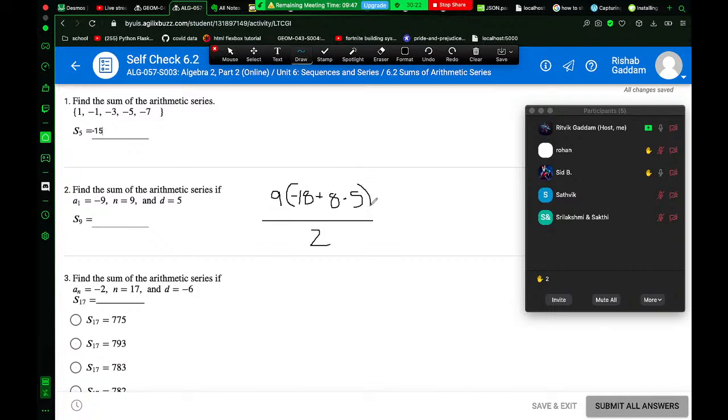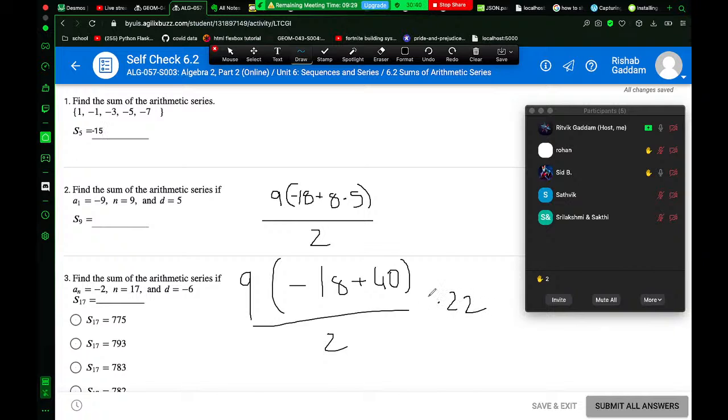So it'd be 9, and then 9 times negative 18 plus 40, and that would give you 9 times 22. That'd give you 198 over 2. And that'd give you an answer of 99.